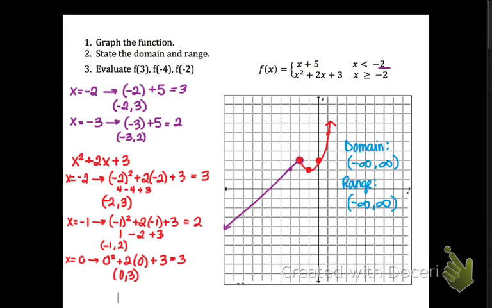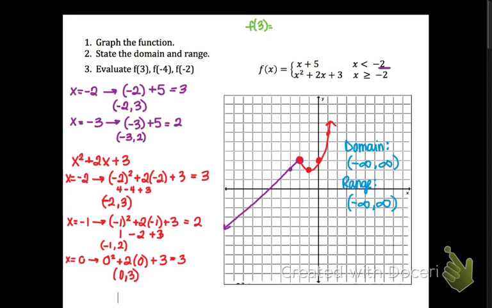Okay. And then the last part of this is to evaluate these values, which we have practiced a little bit now. So I'm going to do this up in this blank space at the top. If I want to do f of 3, that means that I need to take +3 and plug it in for x in the case that makes the most sense.